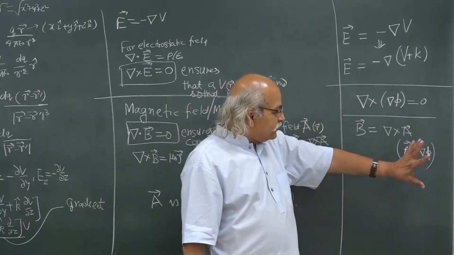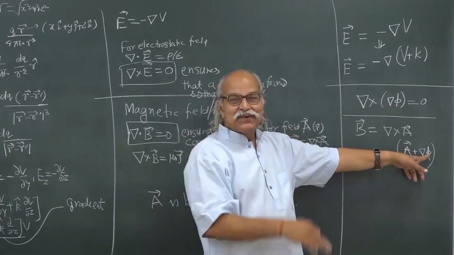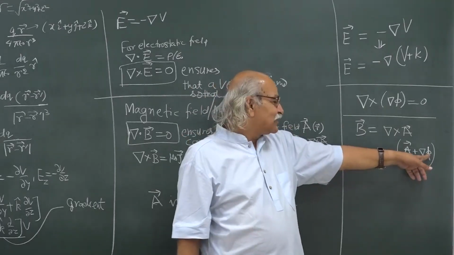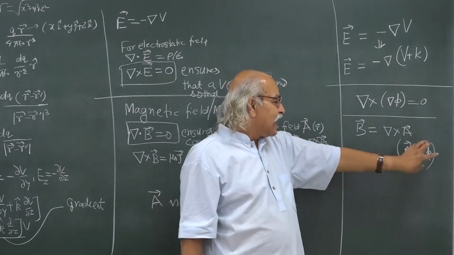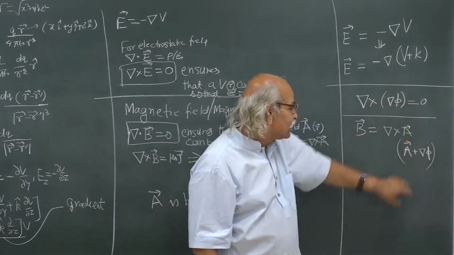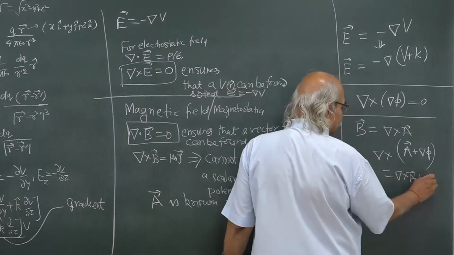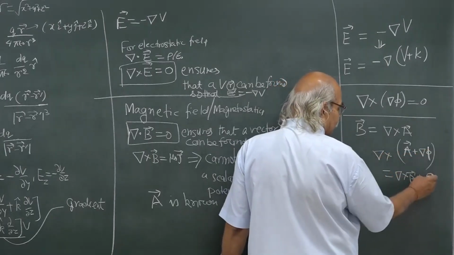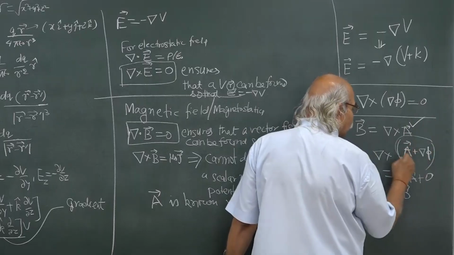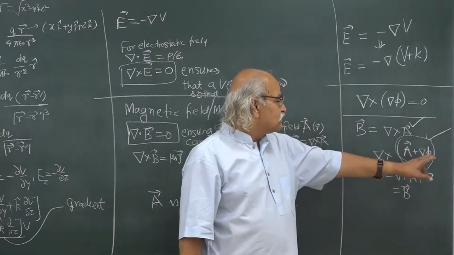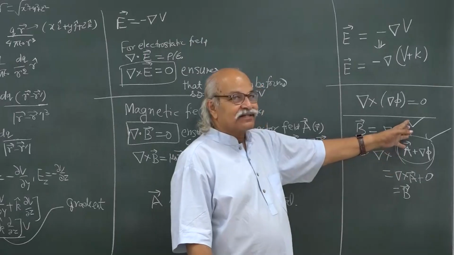You can add any function which is the gradient of a scalar, and this is a scalar function, your choice, whatever you want you can choose for this phi as a function of x, y, z or s phi z or r theta phi, and then do this gradient operation, add that whole function into this A. Once again, if you take the curl, it will be equal to curl of A and then plus 0, because curl of any gradient function is 0, and therefore this is the same as B. So, if this is a valid potential, this is also a valid potential, and you can choose this phi in infinite different ways, and therefore you have a large number of functions.